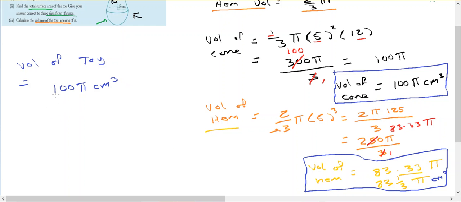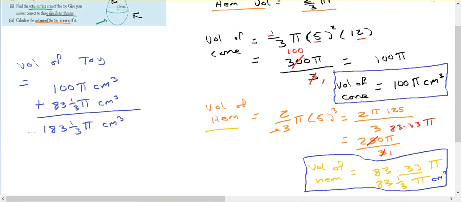plus 83 1/3 pi centimeters cubed. So we just add these together, and that's going to be equal to 183 1/3 pi centimeters cubed.